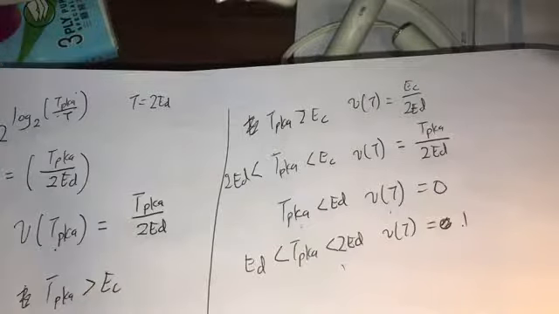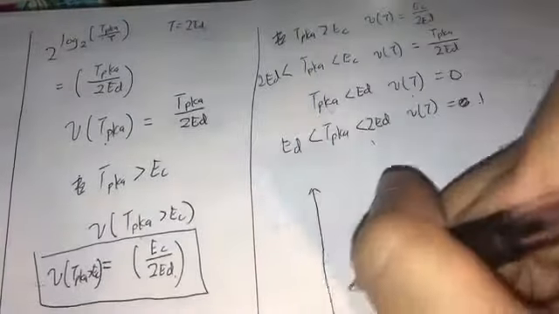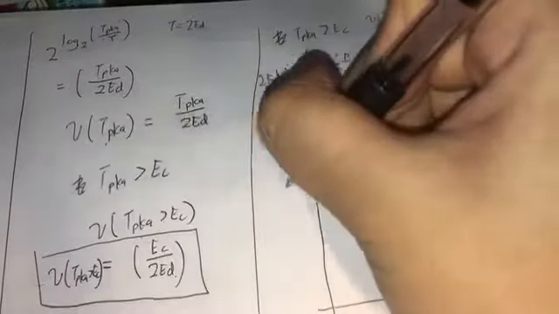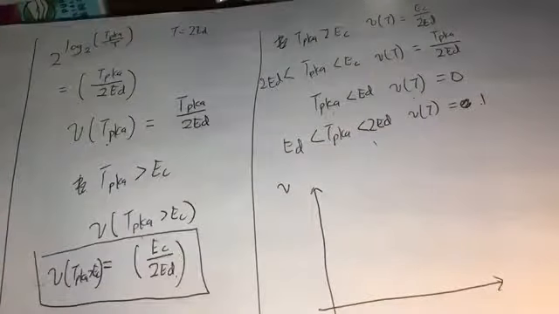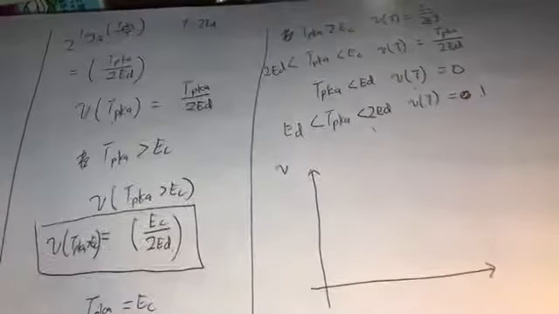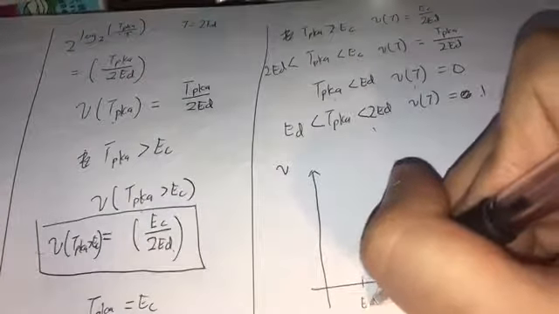So, can we put this together into a diagram? Absolutely, and that will help us to see what's going on. So this is the number of vacancies or the number of displacements that are occurring. So let's draw this.